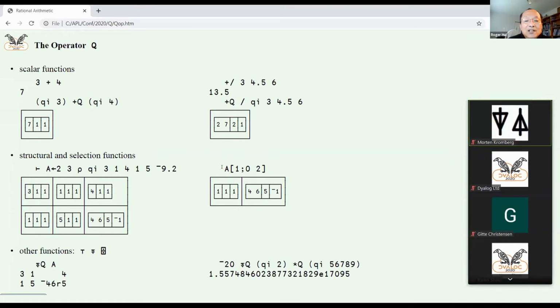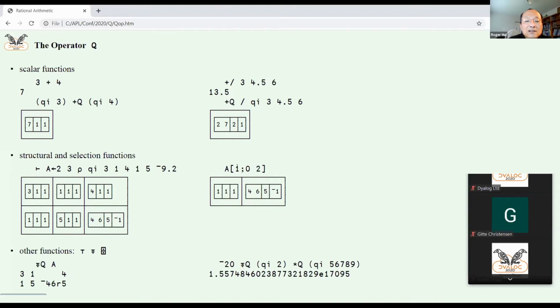And likewise for selection functions like indexing. So A here is a 2×3 array of rational numbers. In A, row 1, column 0, and row 2 would be here's a 2 and this 0.